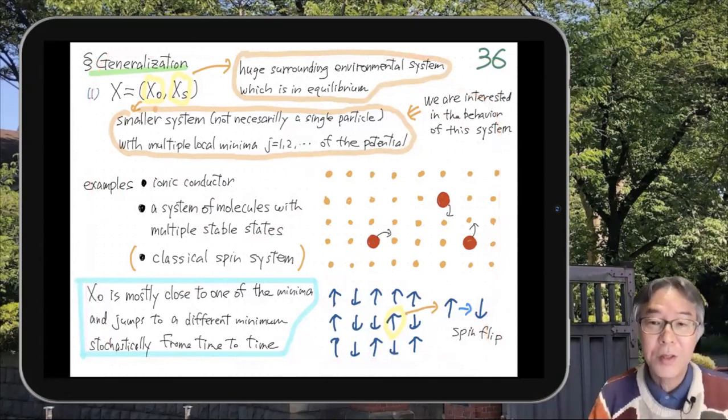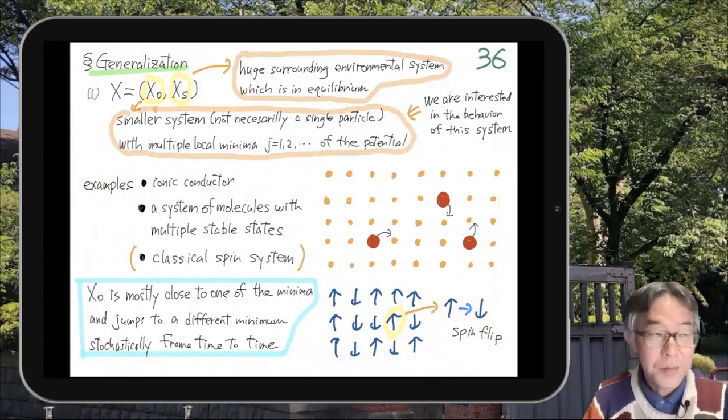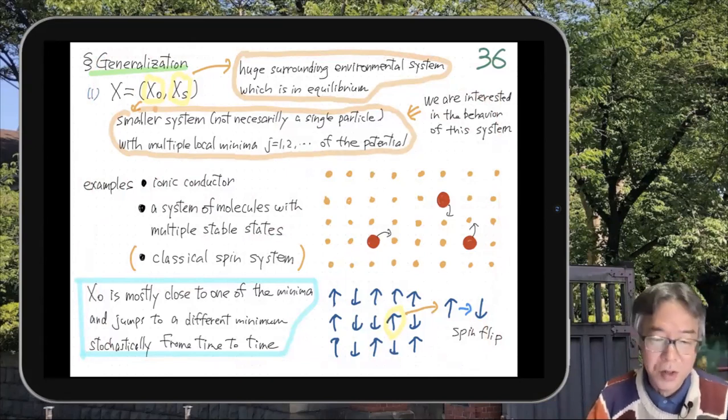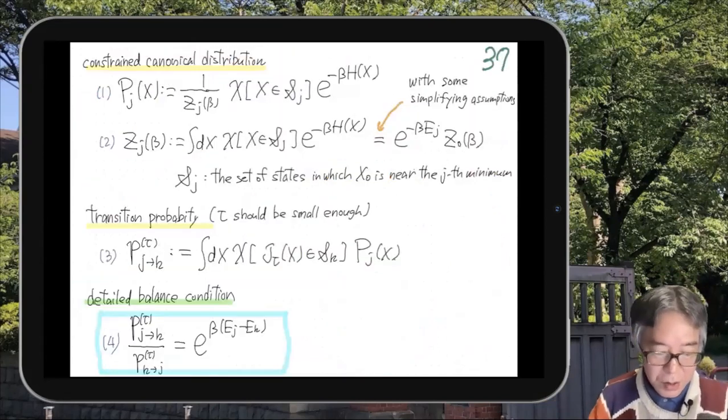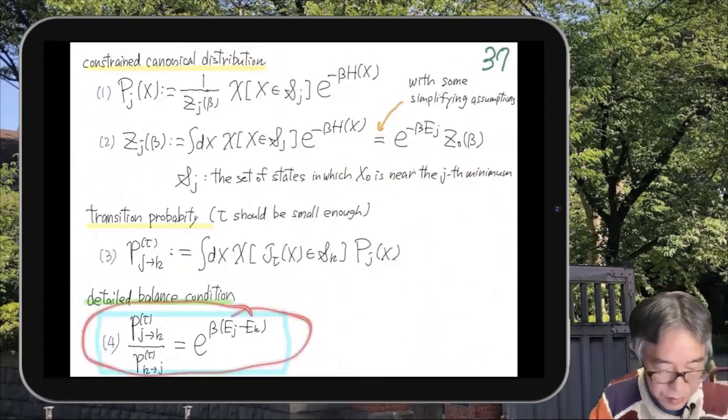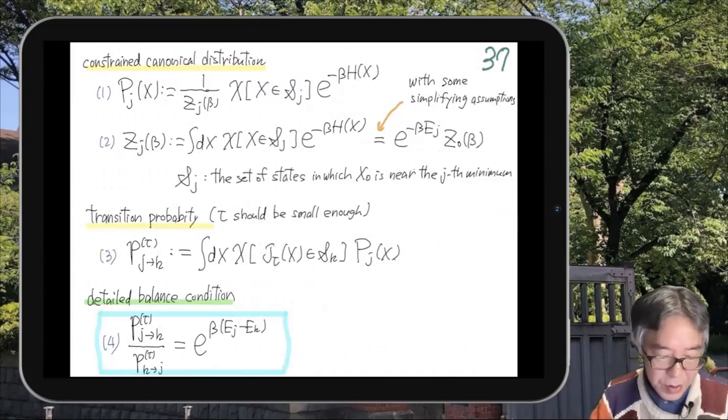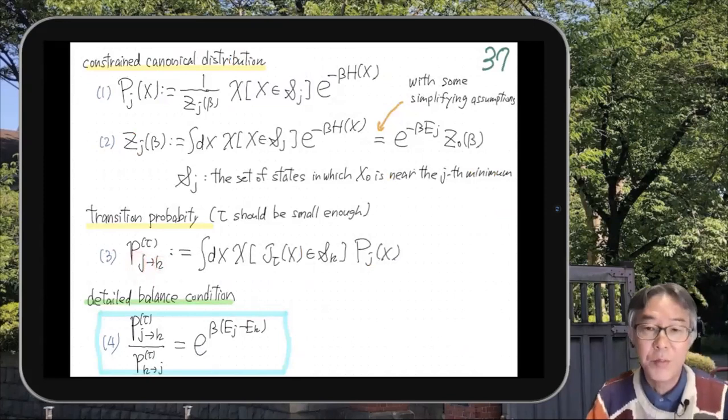I want to argue that the detail balance condition also applies to this kind of generalized system. So this is the detail balance condition in this case too. J and K now denote a very complicated state.